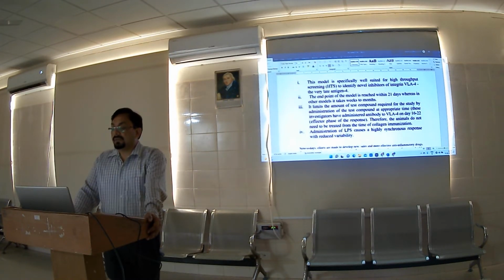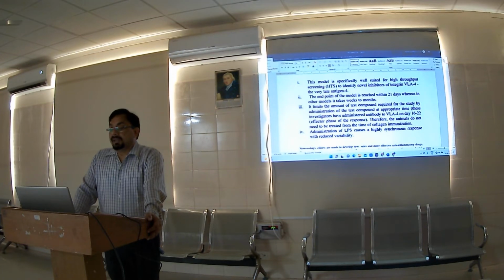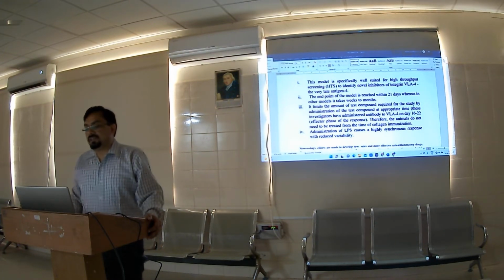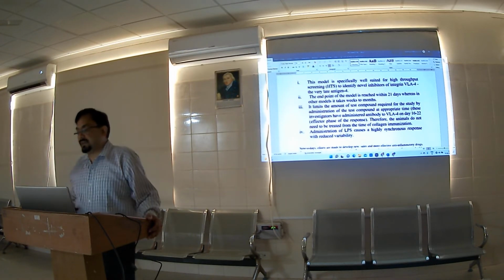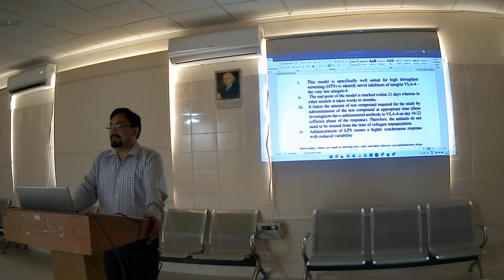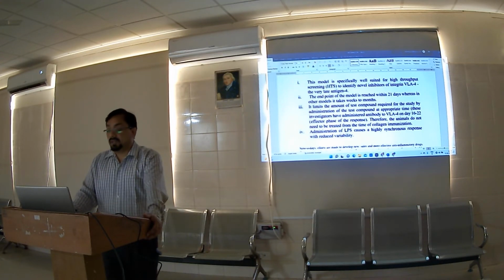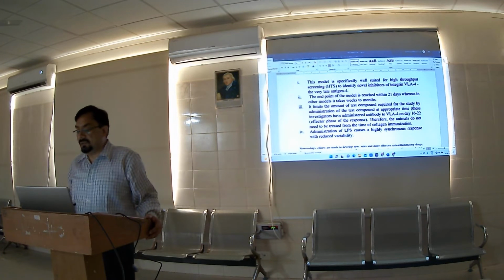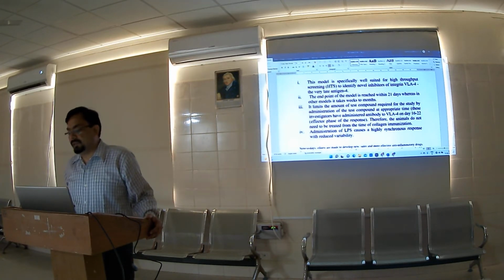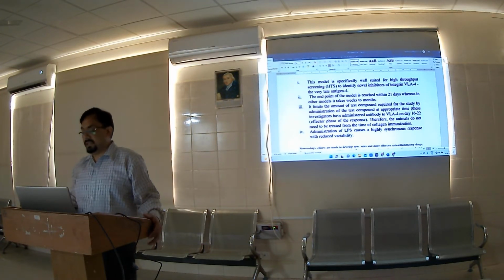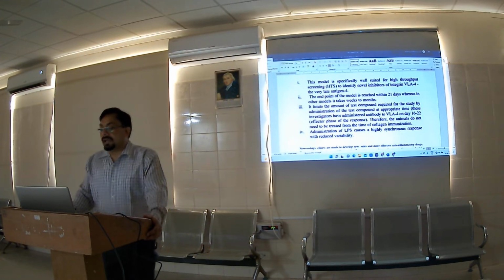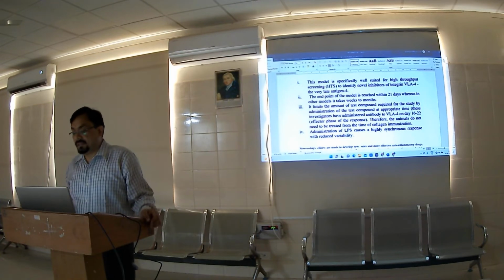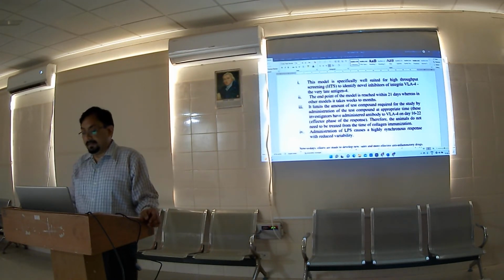So it is comparatively faster. It limits the amount of test compound required for the study by administering the test compound at the appropriate time. These investigators administered antibody to VLA4 on days 16 to 22, the effector phase of the response. Therefore, the animals do not need to be treated from the time of collagen immunization. Administration of LPS causes a highly synchronized response with reduced variability.